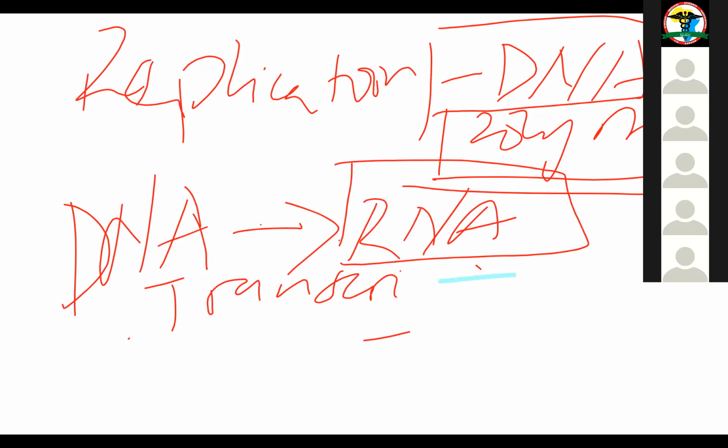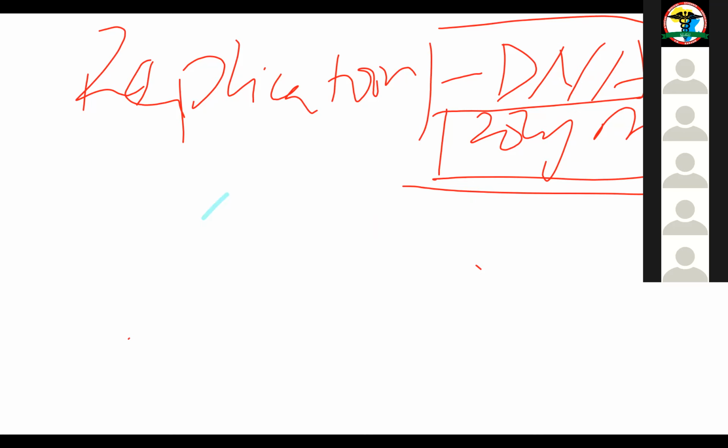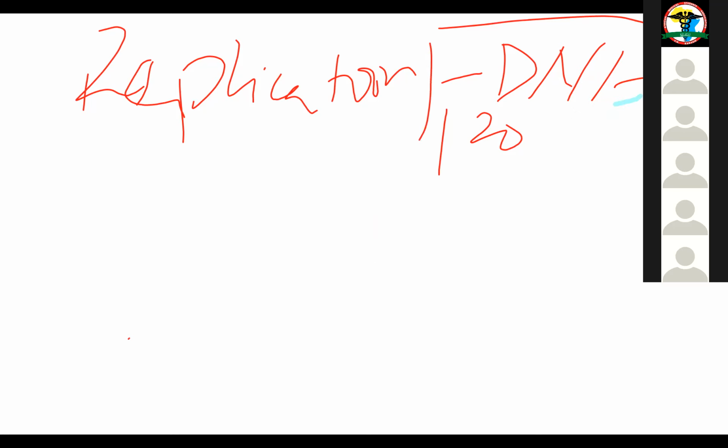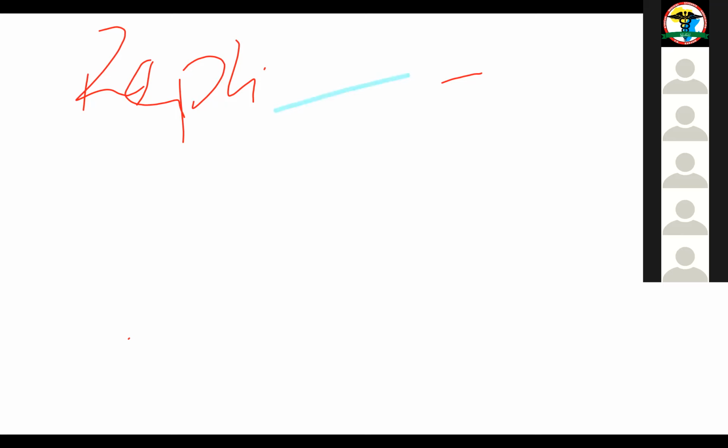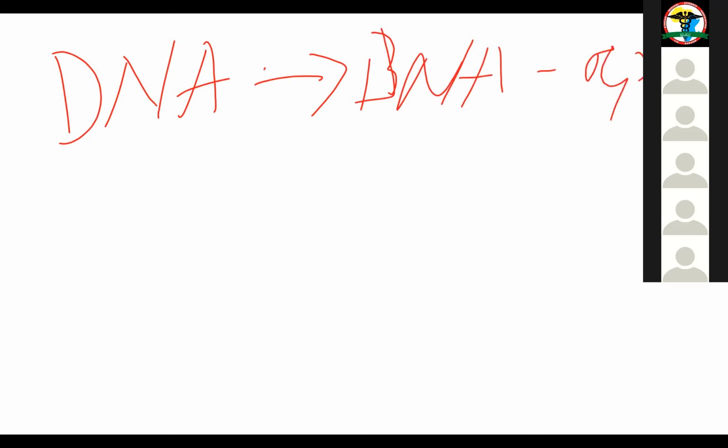Then the process of making proteins, which are the organelles I'm talking about, the process of making protein from RNA, is called translation. So in conclusion, first of all, you make DNA from DNA, called replication.